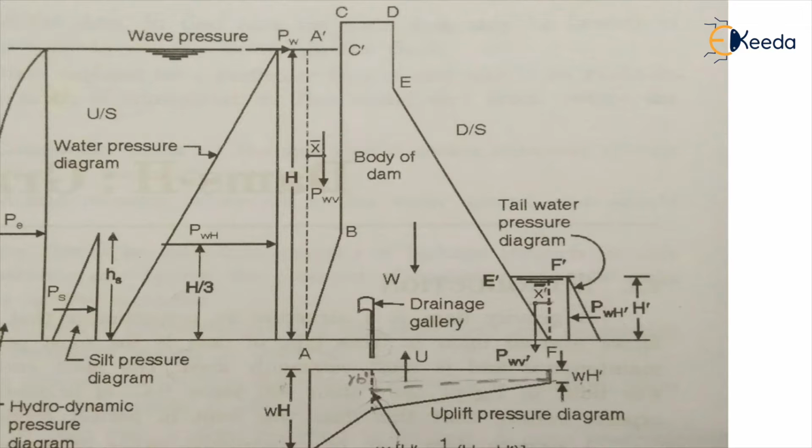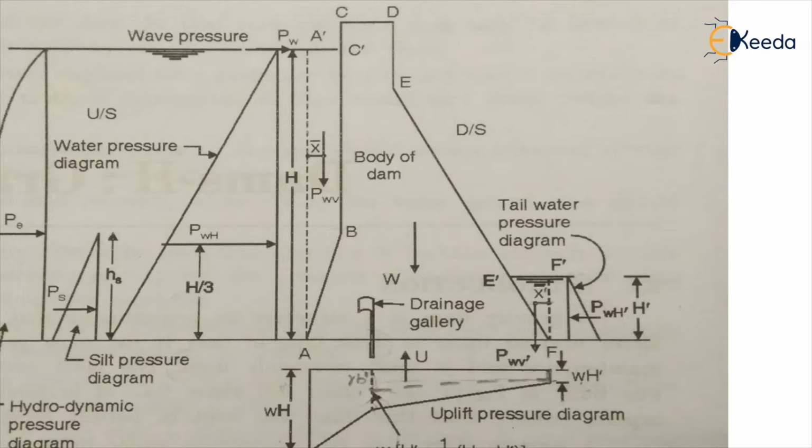For calculating the self-weight, simply we divide this section into a number of sections. If I draw a dotted line from B in the vertical downward direction and join it on the base of this dam, I get the first section, that is a triangular one.